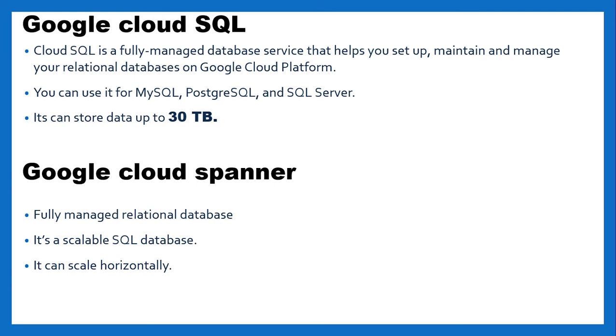Suppose in a particular machine you are increasing RAM and CPU, then we call it vertical scaling. And if we are adding multiple machines in parallel and connecting them to increase the CPU and RAM power, we call it horizontal scaling. Spanner is a horizontally scalable database. It's a relational database.